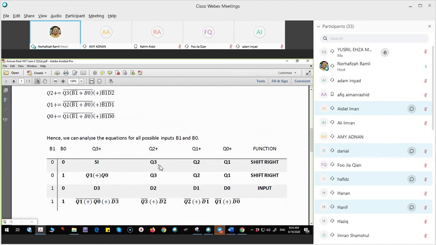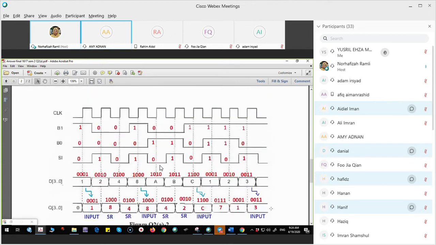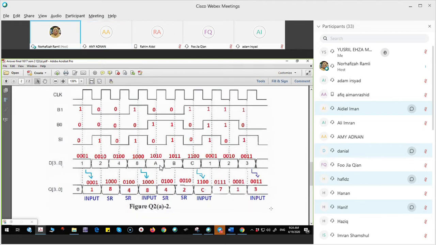Okay, shift right. Then you got the function, simplify further. And then what's your answer? 0, 0, 1, 1. Let me check the solution.